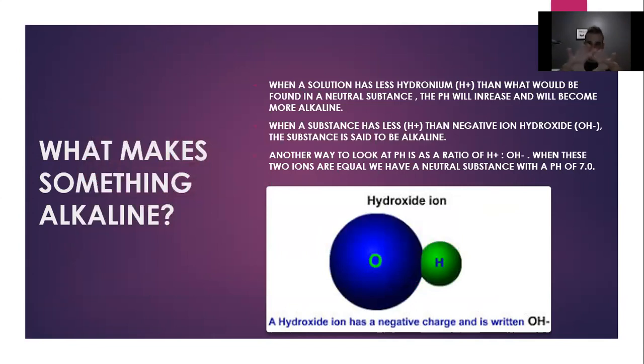Because if you were to count up all the protons and all the electrons in the total ion, you'd have one more electron than proton, so it has a net -1 charge. Okay? So when the H plus and the OH negative are equal, the positives and the negatives cancel, and you get a net resultant of 0, and you have a neutral.